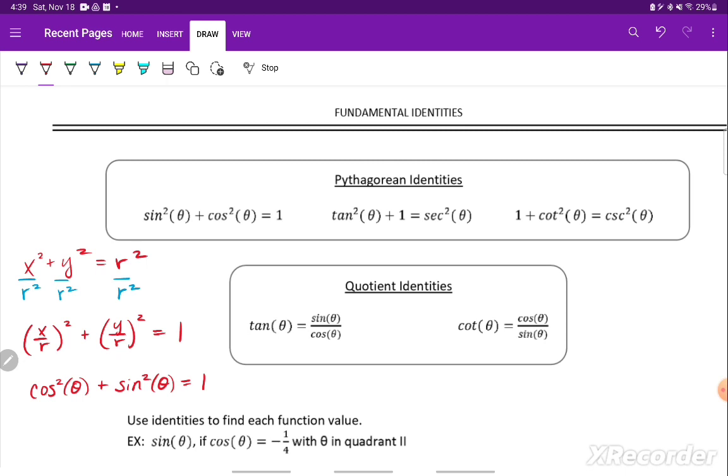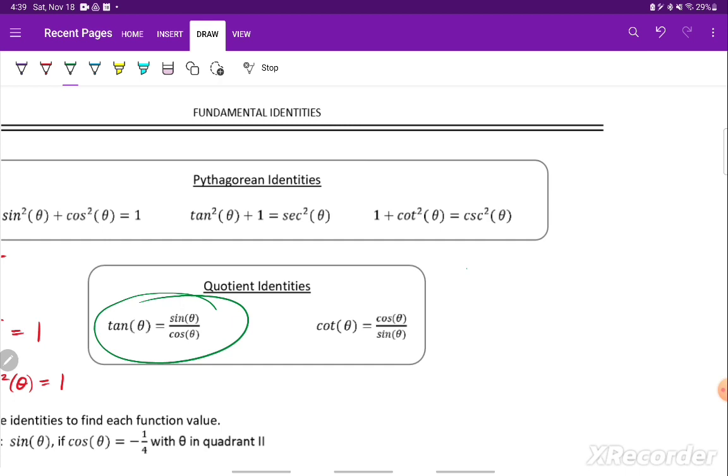Next up are our quotient identities. Tangent of theta is equal to sine divided by cosine, and cotangent of theta is equal to cosine divided by sine. I'm going to do a little proof here for you of this one here. So if we start with sine of theta divided by cosine of theta, sine of theta is defined to be y over r, and cosine of theta is defined to be x over r.